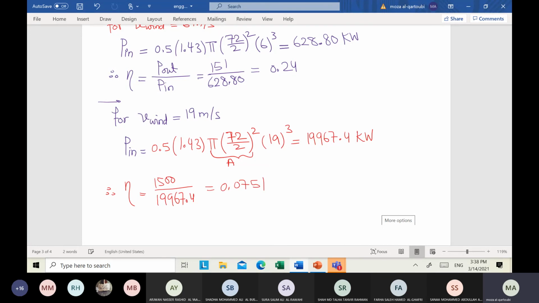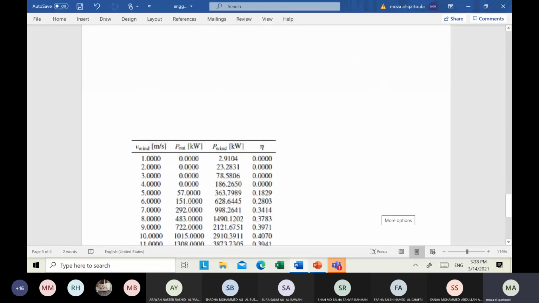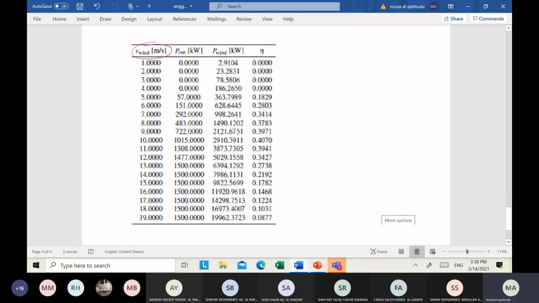The whole table given here should be solved, so I will upload the solution. This is the solution, this is the table. It depends on wind speed, starting from 1 up to 19. P out, the first and second columns, is given in the question. Pn, P wind, in kilowatts, is given in column number 3. Then efficiency depends on P out to Pn. The first 4 values were 0.